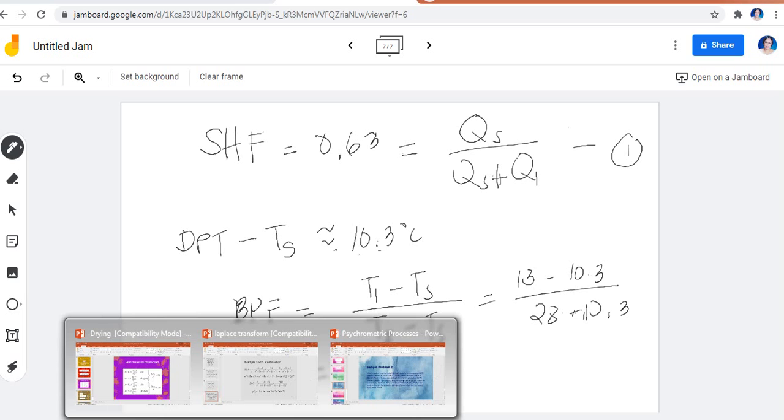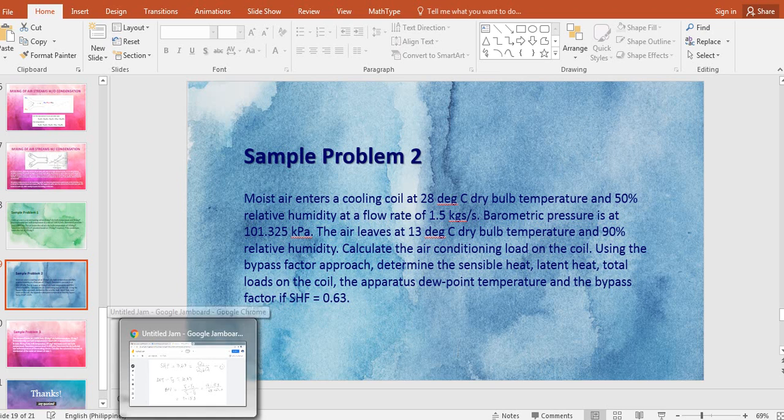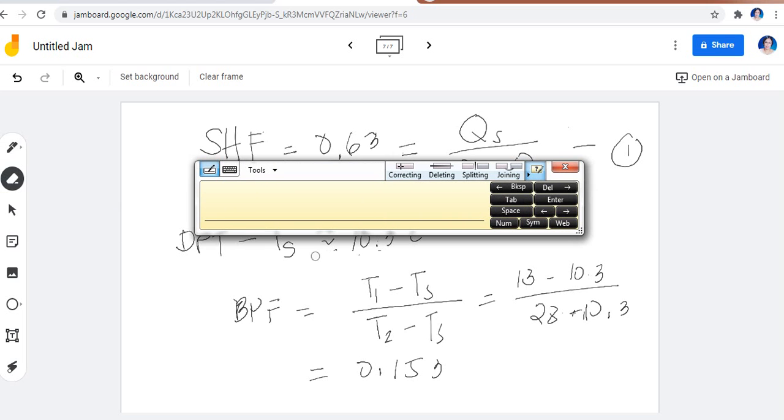I'd like to go back to our problem and check the temperature. So 28, and then it will leave at 13. So this is cooling with condensation. And air leaves at 13. Based on the formula that I have written, the 13, by the way, is not the initial temperature but rather the final temperature, because we have a case of cooling.